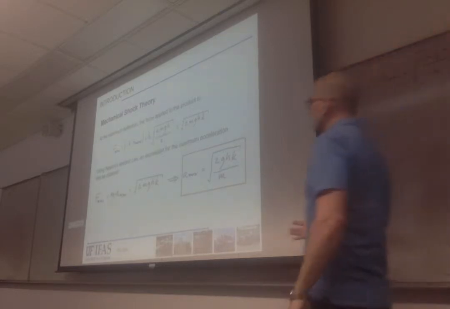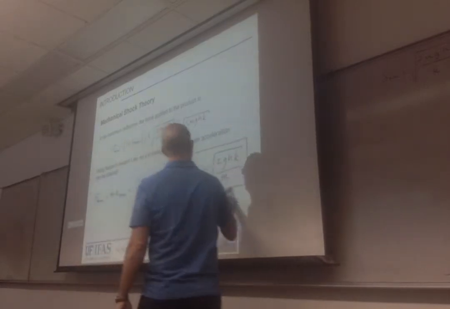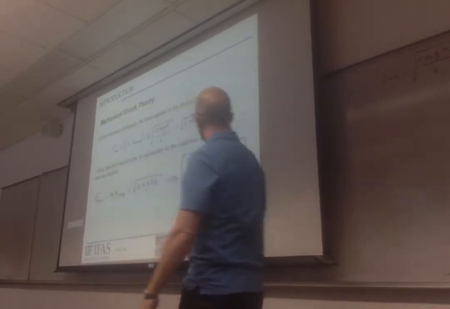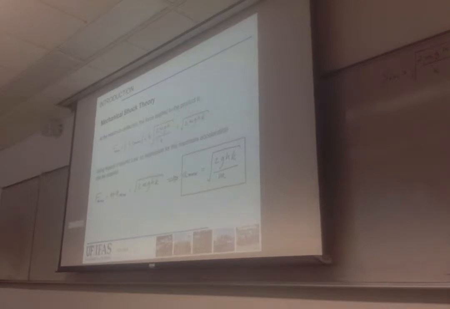So by doing this, if we equal the maximum force to that expression and calculate it, we end up with that equation right here. That will give us the maximum acceleration exposed by the product upon impact when you take into account the gravitational acceleration, the height of the drop, the stiffness of the cushion, and the mass of your product.